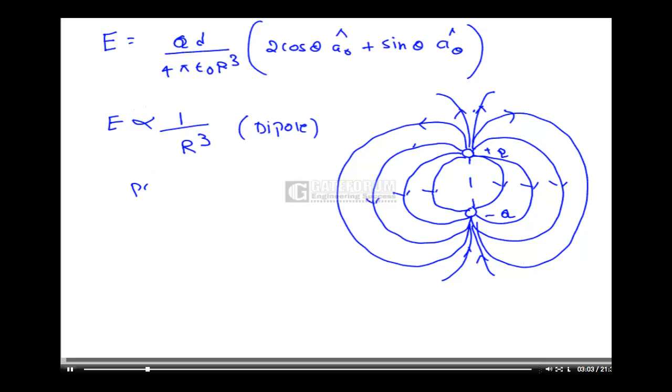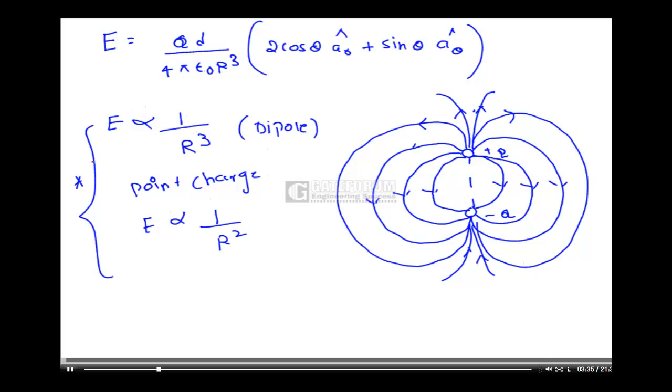Suppose you consider a point charge: for a point charge, E is proportional to 1 by R square. Whereas for an electric dipole, electric field intensity is proportional to 1 by R cube. This is an important point we have to note here.